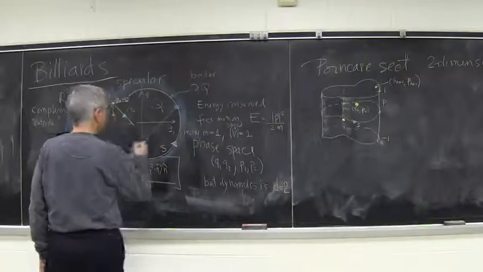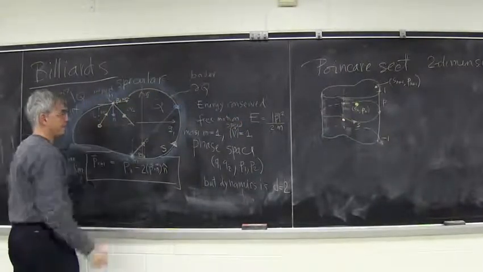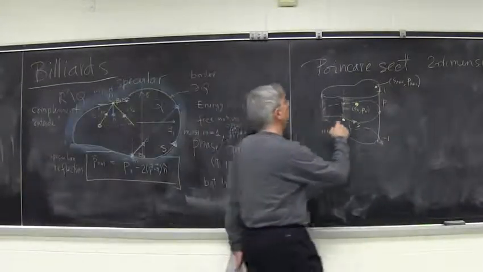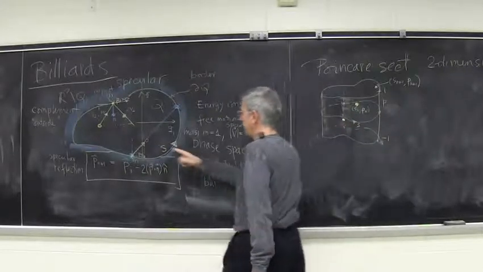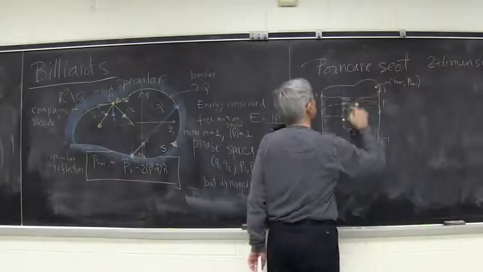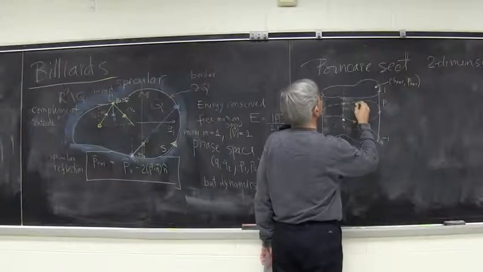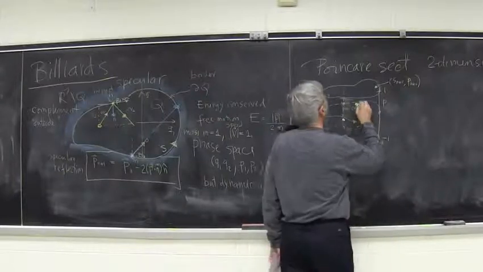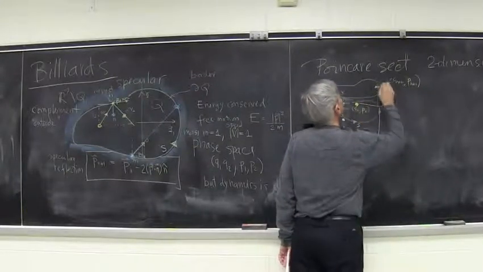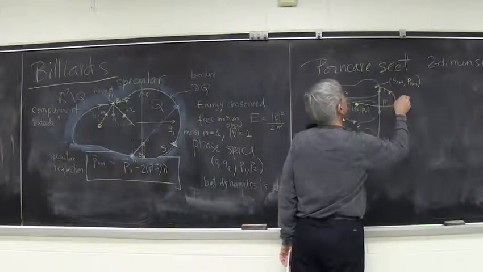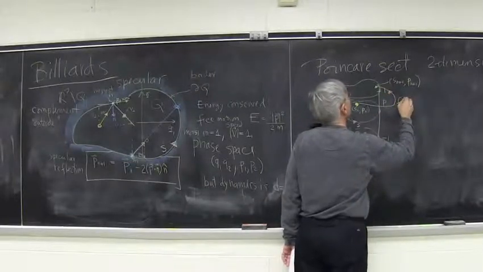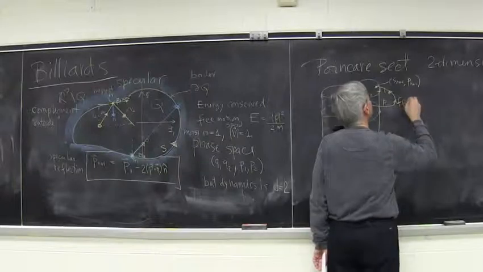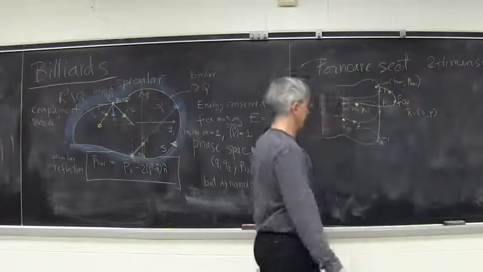So while I'm bouncing in this space, I also move on the Poincare section, and every time I hit the wall, I record where it is. So I start here, and my dynamical systems map F goes one step forward.